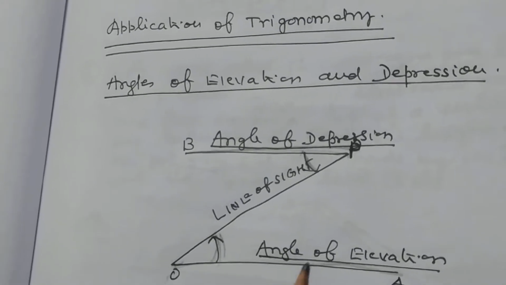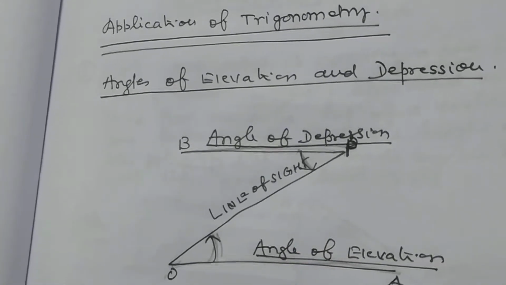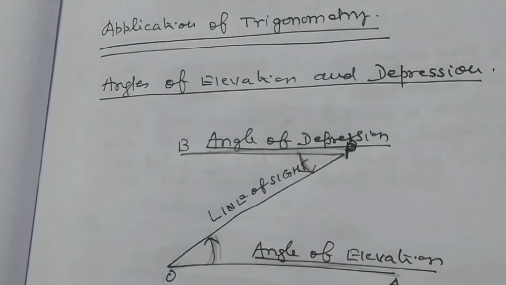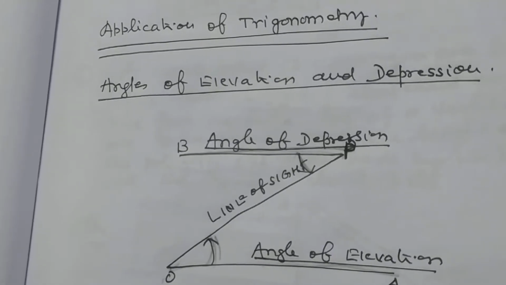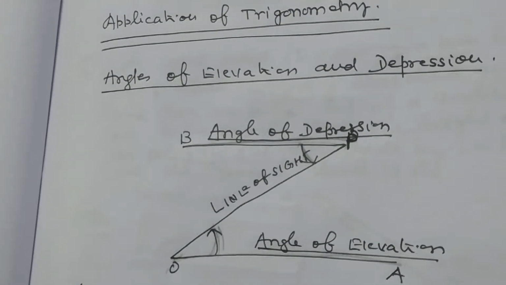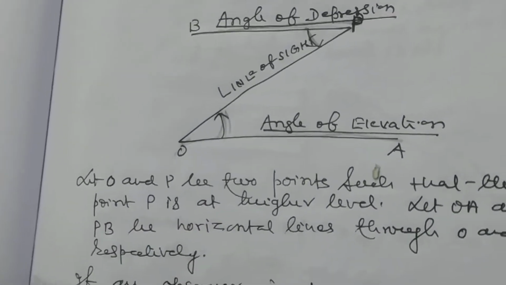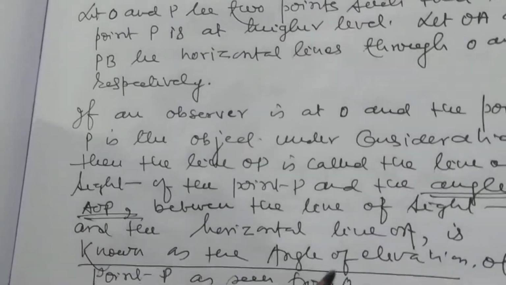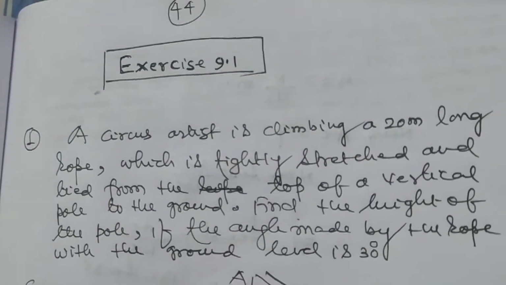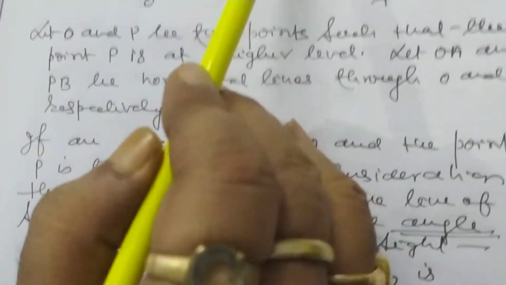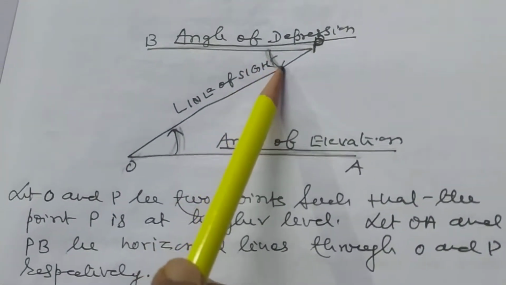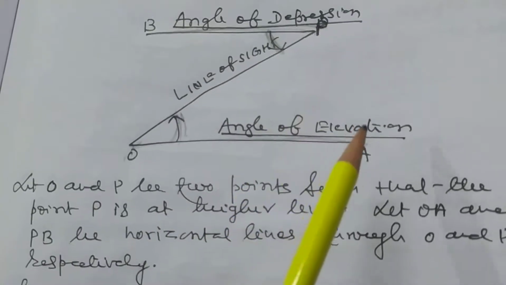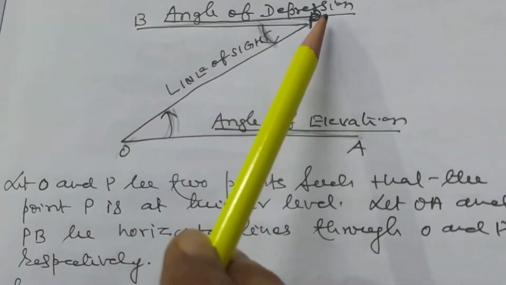Now, these are the main points which you have to study. Now, I want to solve some problems. Here, as I just told you, OA is parallel to PB.